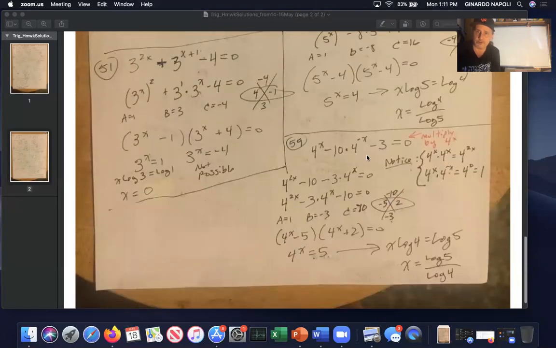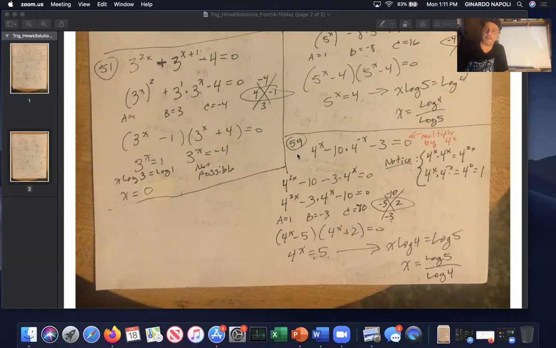Now this one was a little tricky, 59, because you had to realize how to transform this to a quadratic form. And right now it's not, because notice the exponents aren't doubled. But if you multiply 4 to the x times 4 to the x, that'll get you 4 to the 2x. And if you multiply 4 to the x times 4 to the negative x, this will wind up with an exponent of 0.